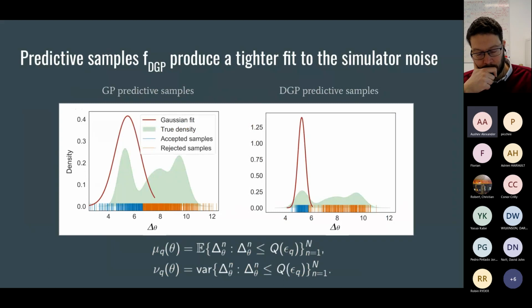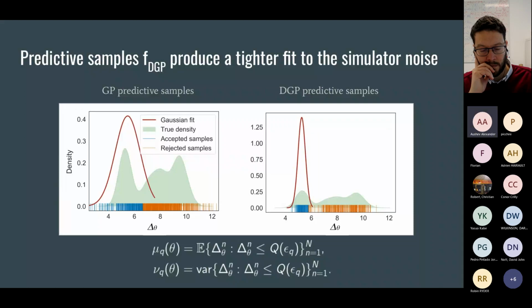So the figure shows the distribution of the discrepancy for a certain location theta. The y-axis is the density, essentially, where the green area is the true density, and the black-red line is the Gaussian fit.